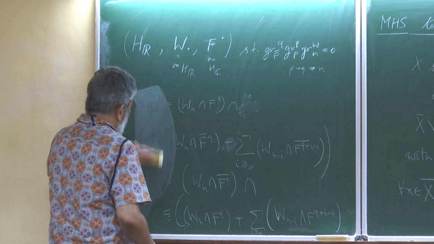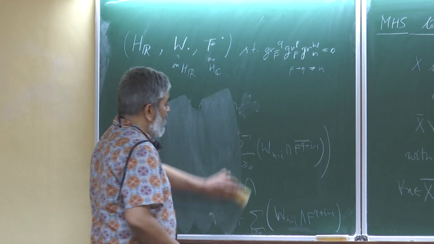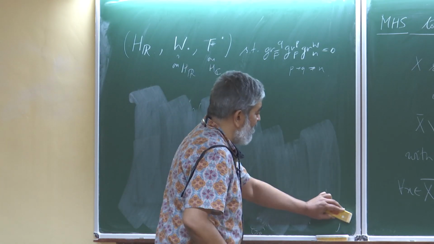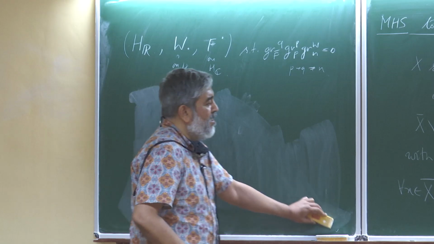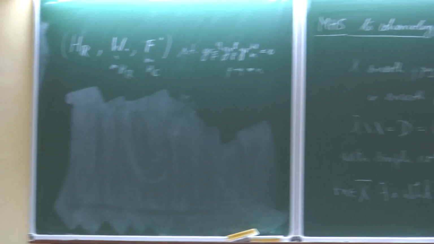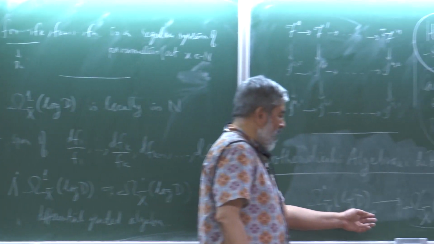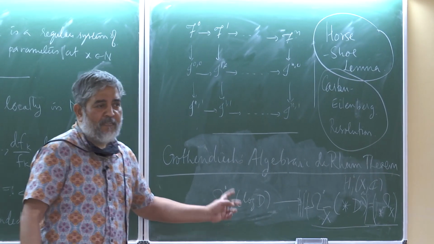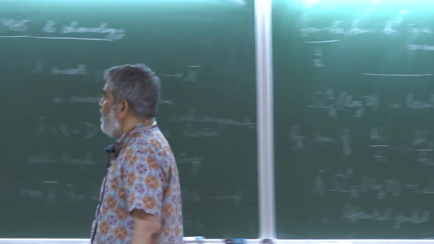So it's the usual cohomology, in the topological sense, of x that we want to associate a mixed Hodge structure to. And now we found a way to compute that purely algebraically. That's the main point of the Grothendieck algebraic de Rham theorem.